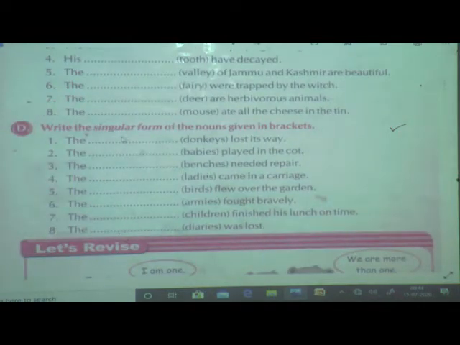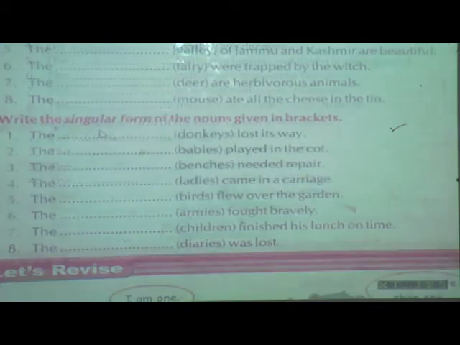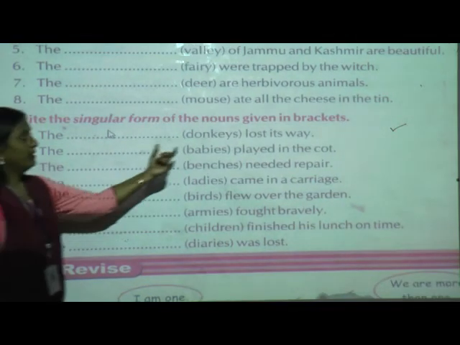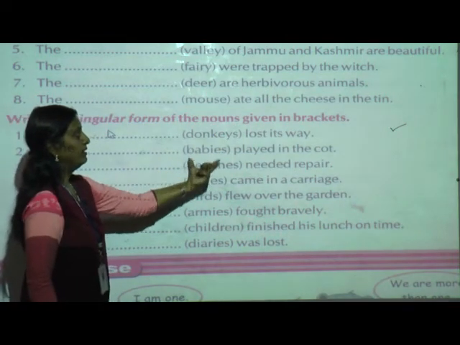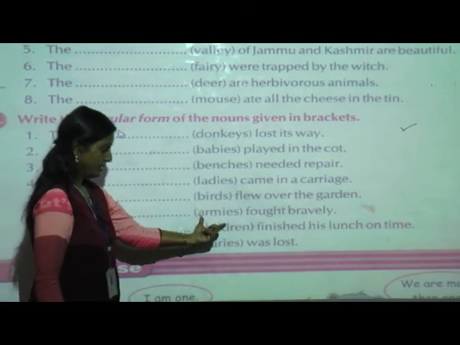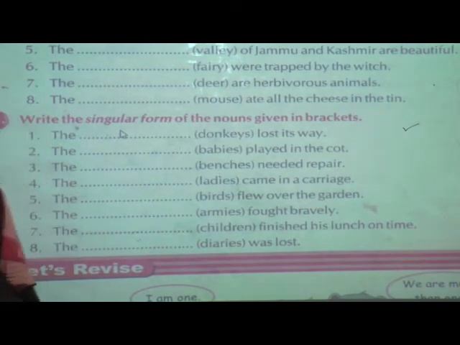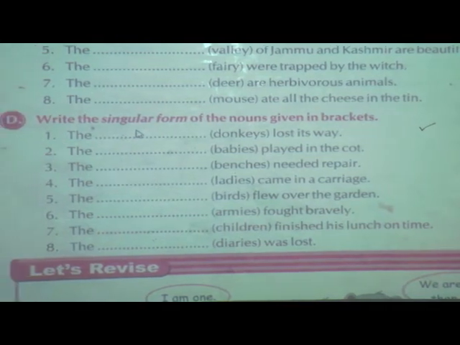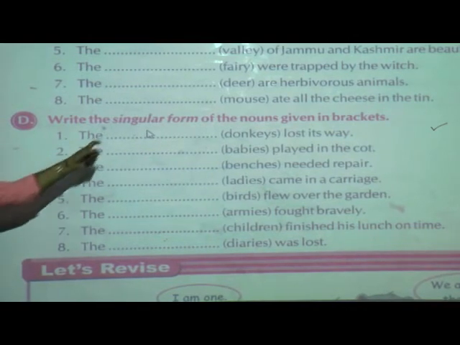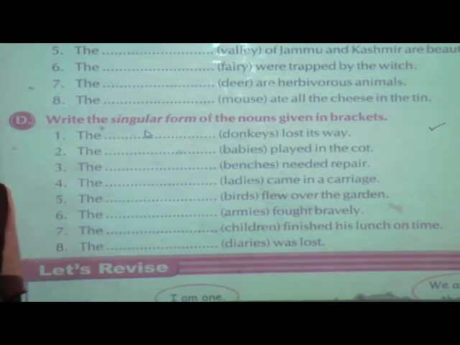Yes, D. We are going to write the singular form of the nouns given in the bracket. This means that whatever nouns is given over here, that is in which form? Yes, it is in plural form. So what I am going to do? I am going to turn it into a singular form, applying the rules which we have learned. So are you ready, students?